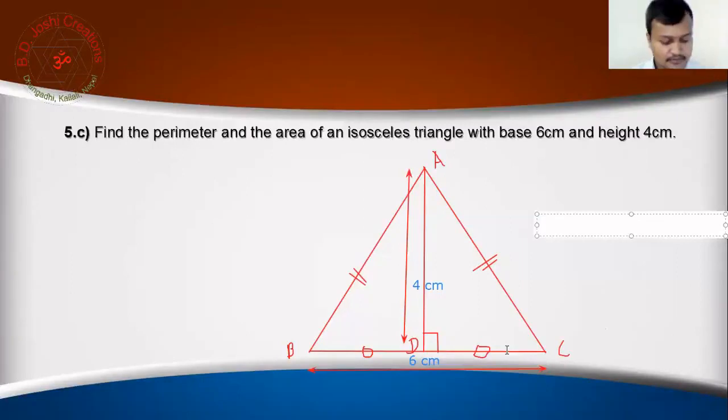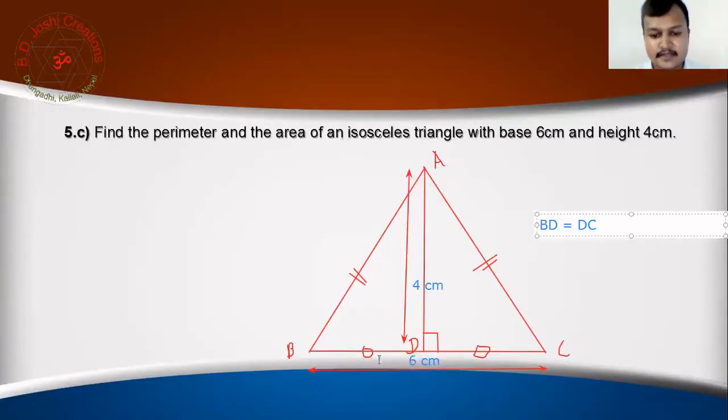According to the theorem which we learned in grade 9, BD is equal to DC. Perpendicular from vertex to base of isosceles triangle bisects the base. This AD is perpendicular to the base, this is height and it bisects the base.